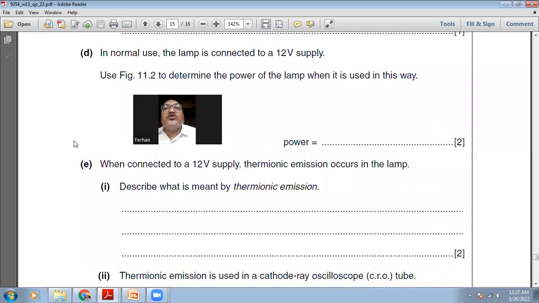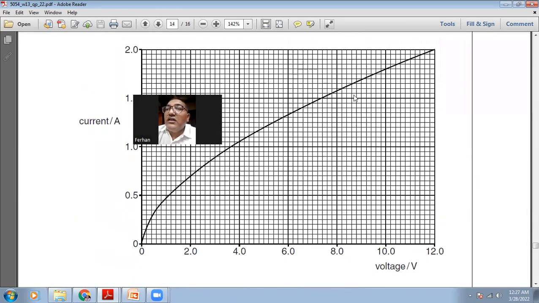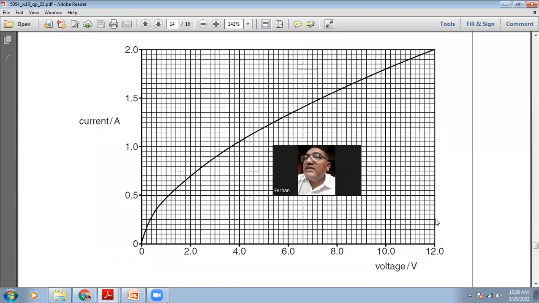In normal use, the lamp is connected to a 12-volt supply. Use figure 11.2 to determine the power of the lamp when it is used in this way. Now the voltage is 12 volts. When the voltage is 12 volts, how much will the current be? 2 ampere will be the current. If you know the voltage and the current, you can find the power.